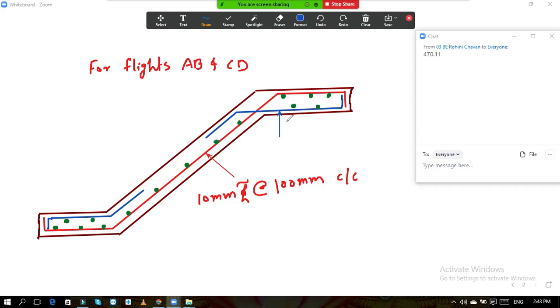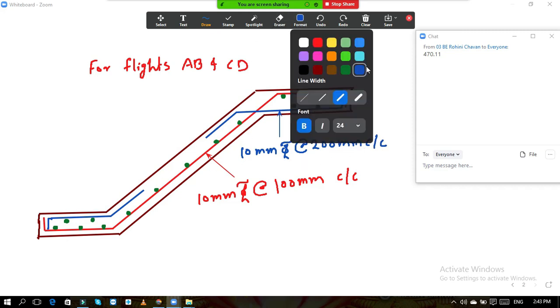Okay, and this has an area of 50% of your main steel, main reinforcement. So this bar is also of how much? 10 mm diameter. 10 mm diameter bar about, if this spacing is 100, this will be 200 mm center to center. So the area will become half.